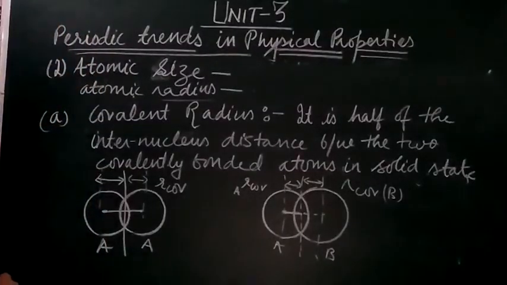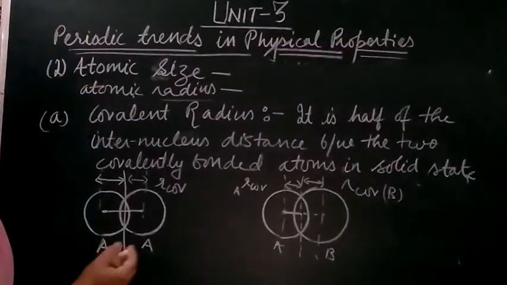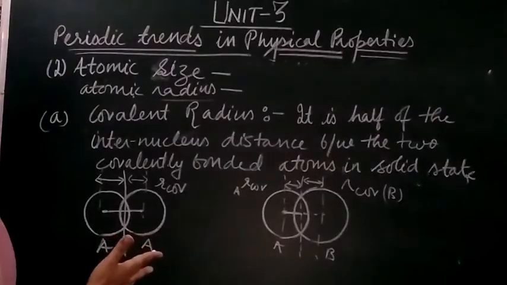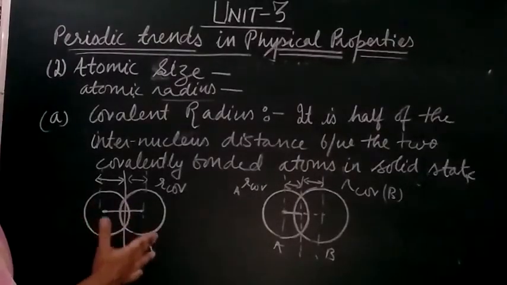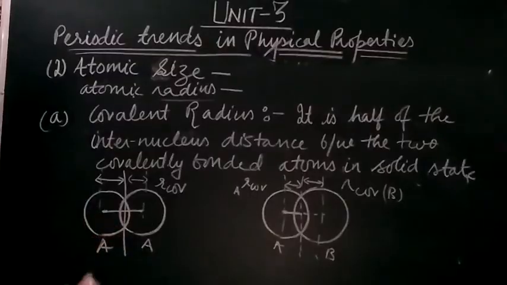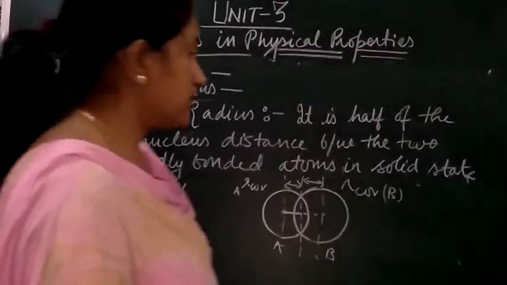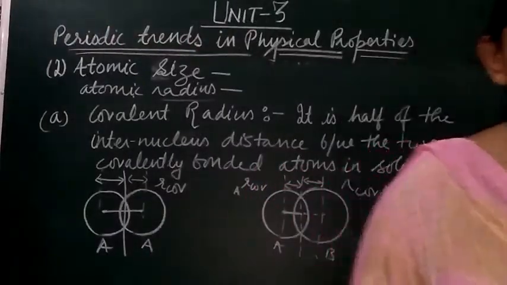Now the covalent radius is smaller here. Why? Because it is formed by the overlapping of the atomic orbitals, students. So just go through it properly.